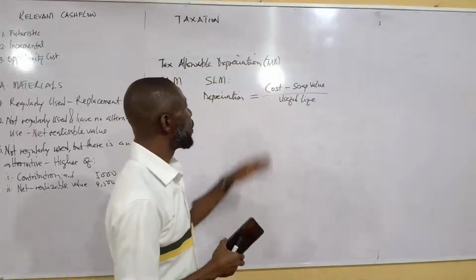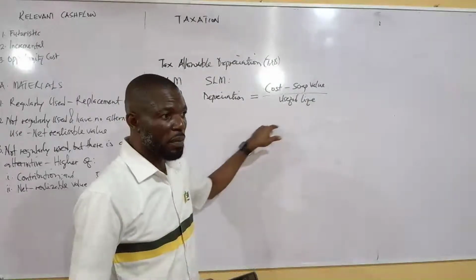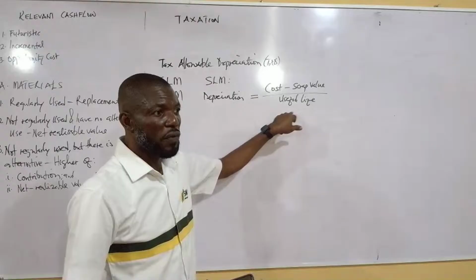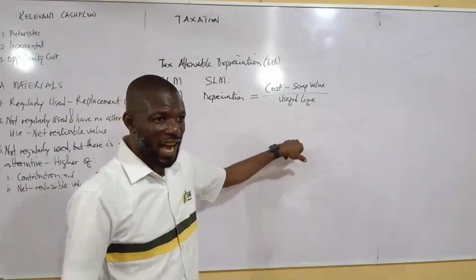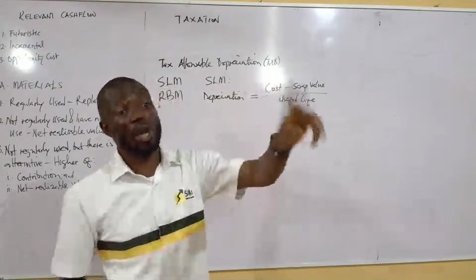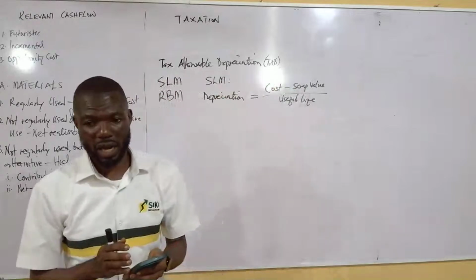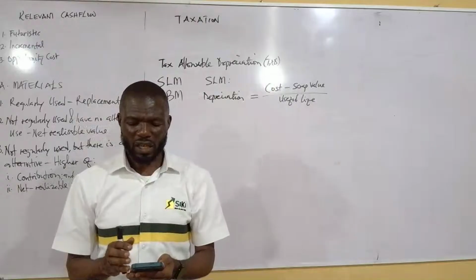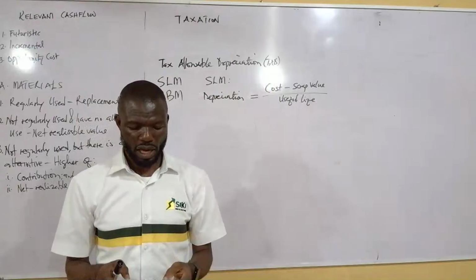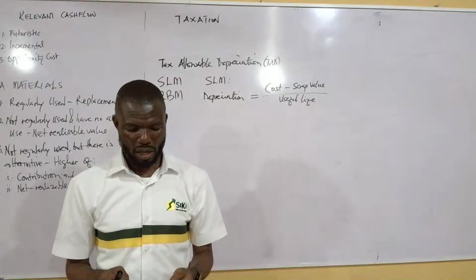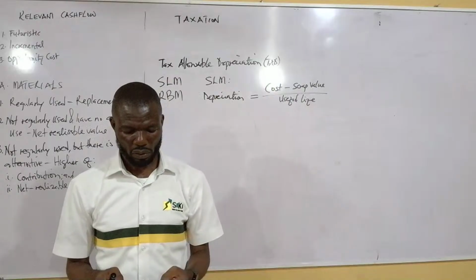It is 200 minus 50, divided by 5. 150 divided by 5 is 30,000. That is the annual depreciation. That is the conventional way of going about depreciation. I will tell you something different in our later meetings.